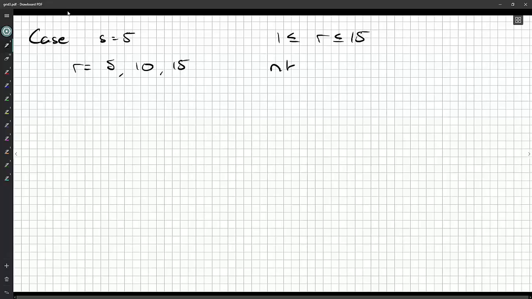But n times k is then going to be 500 minus 5, 500 minus 10, or 500 minus 15. You'll notice these are all multiples of 5. But, so that would be R is 5, R is 10, R is 15.